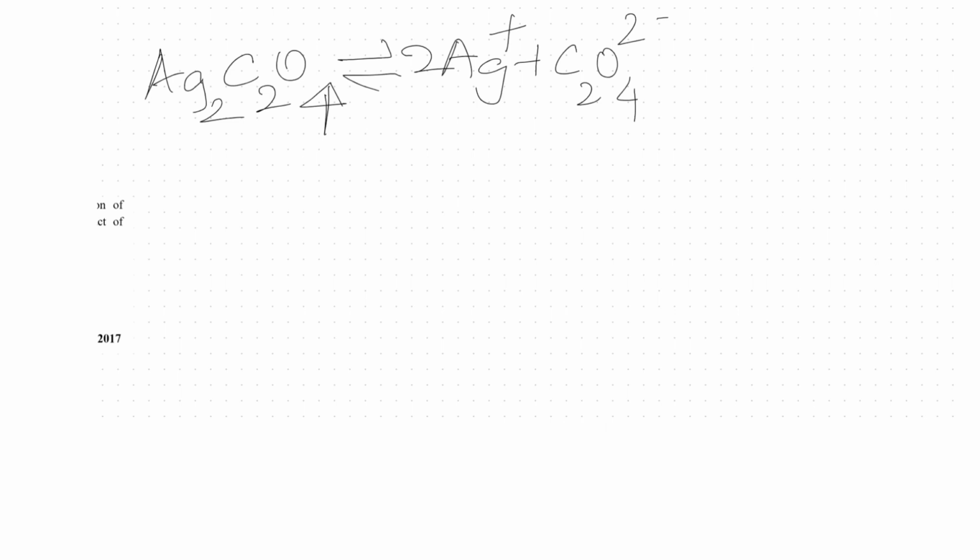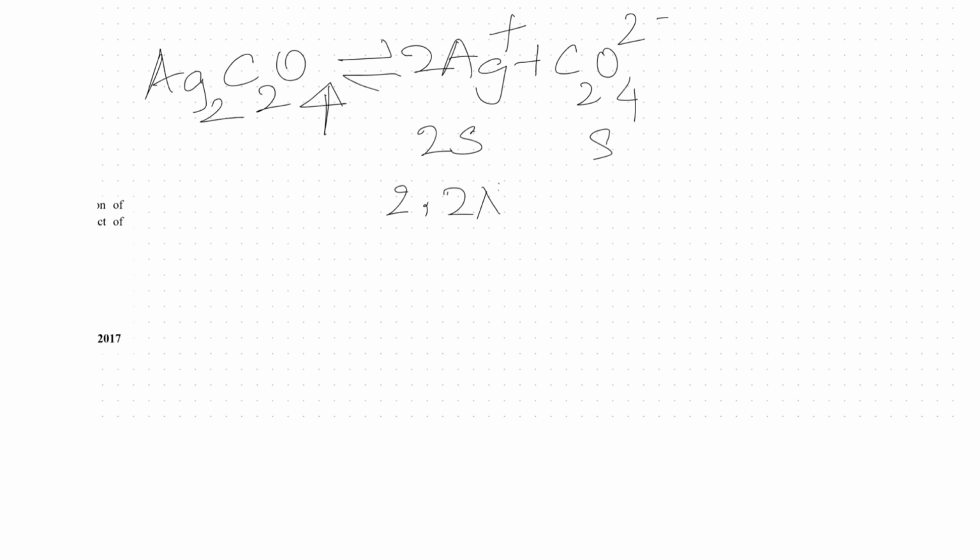Concentration of Ag plus ions 2s and s as per the stoichiometry. 2s value is given 2.2 into 10 power minus 4. So s will be half of this, 1.1 into 10 power minus 4.